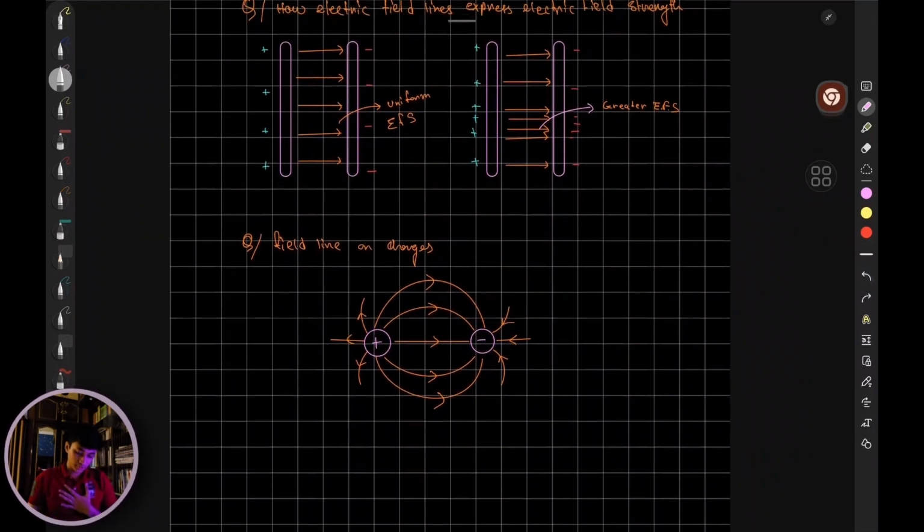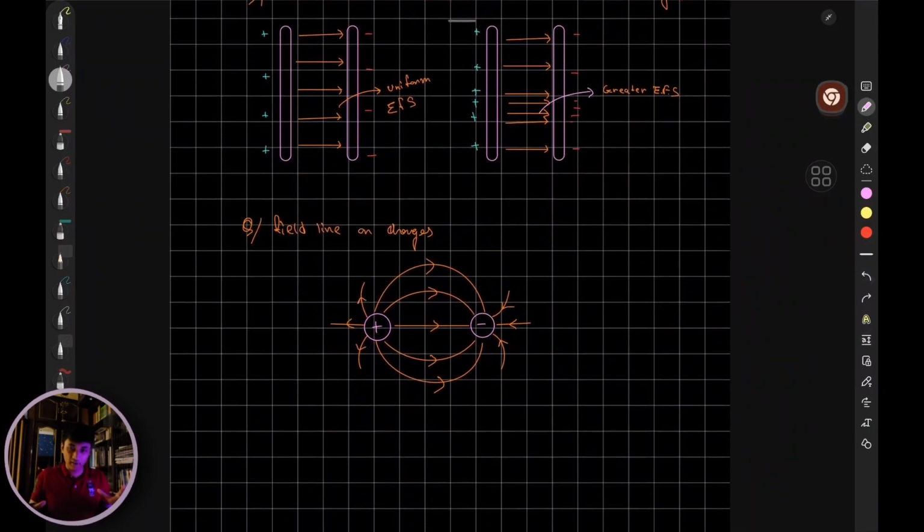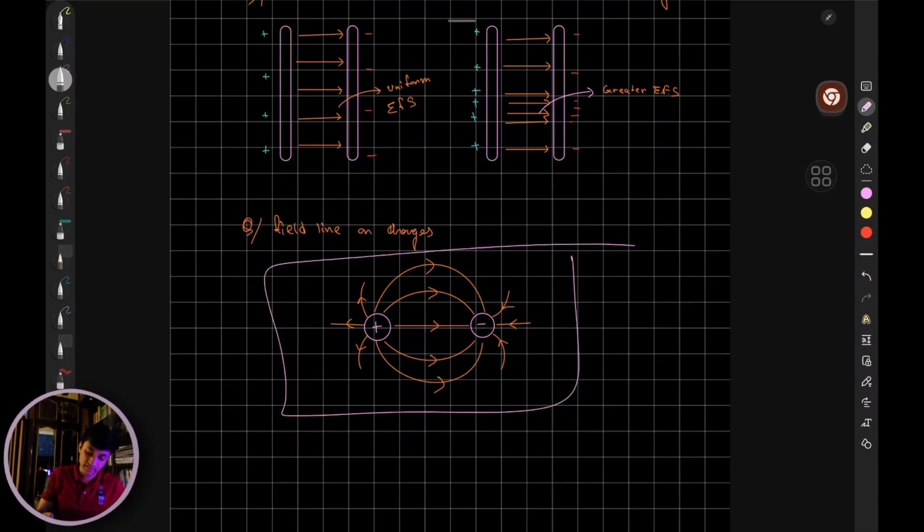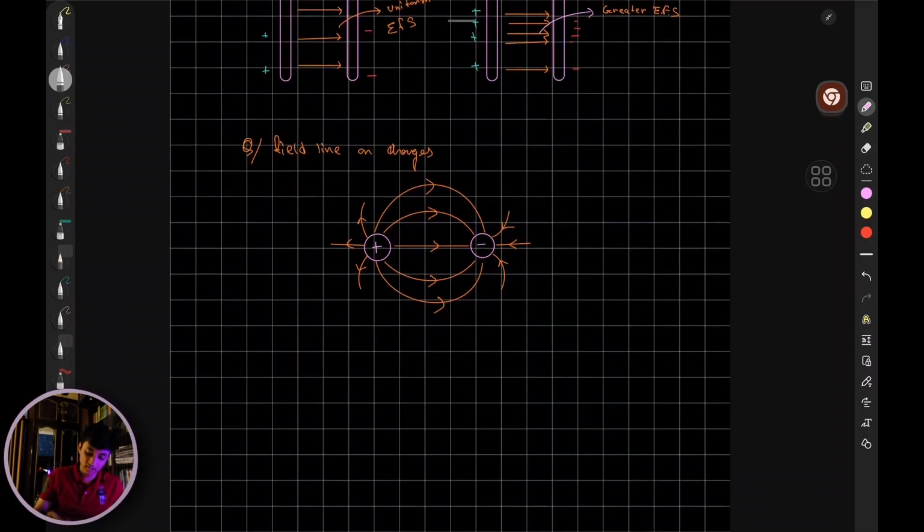So for field lines of positive and negative charges, how do you express it? Always, the field lines are going to be escaping the positive charge and entering the negative charge. So, away from positive, enter negative. And you're going to express the diagram just like this. It's the simplest thing ever.